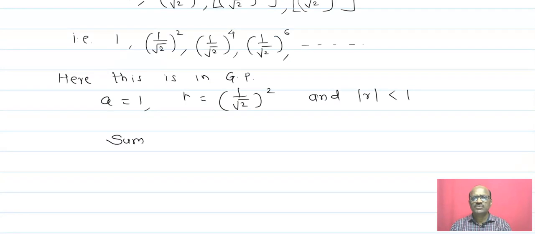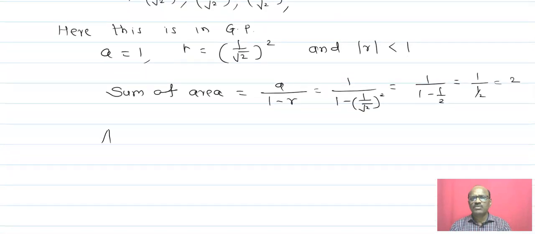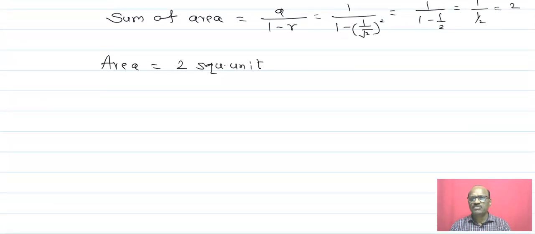Therefore, S is equals to sum of area A upon 1 minus R, that is 1 upon 1 minus 1 upon root 2 bracket square, that is 1 upon 1 minus 1 upon 2, that is 1 upon 1 upon 2, that is equals to 2. Therefore, area is equals to 2 square unit.